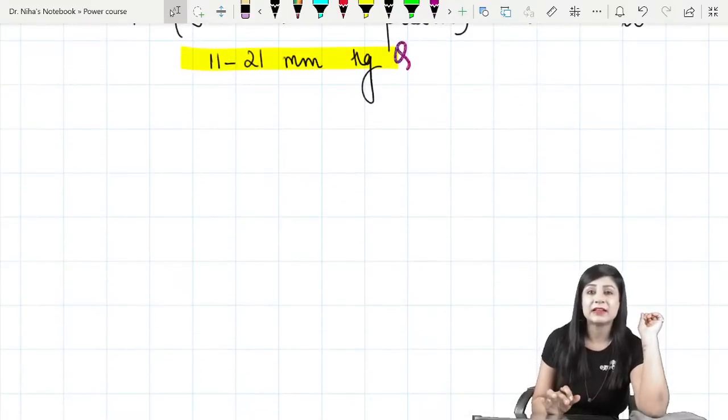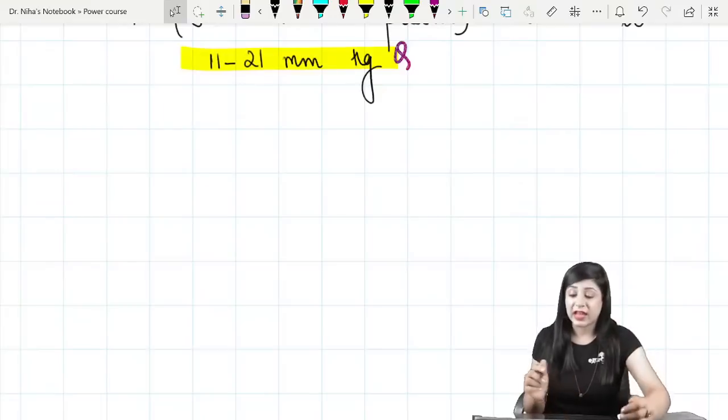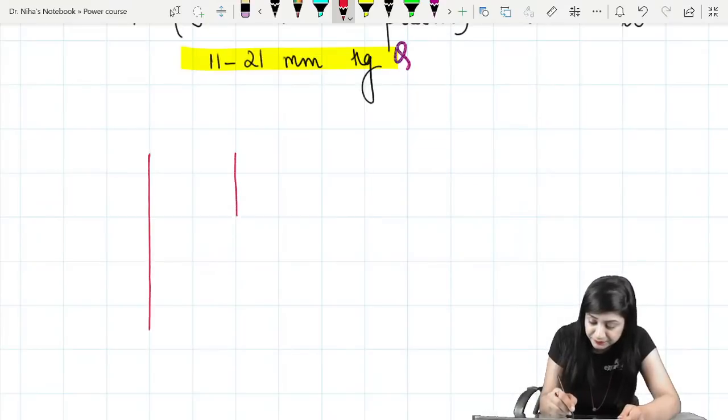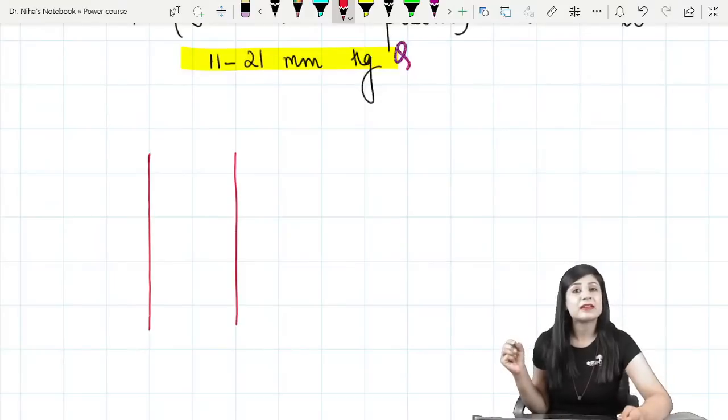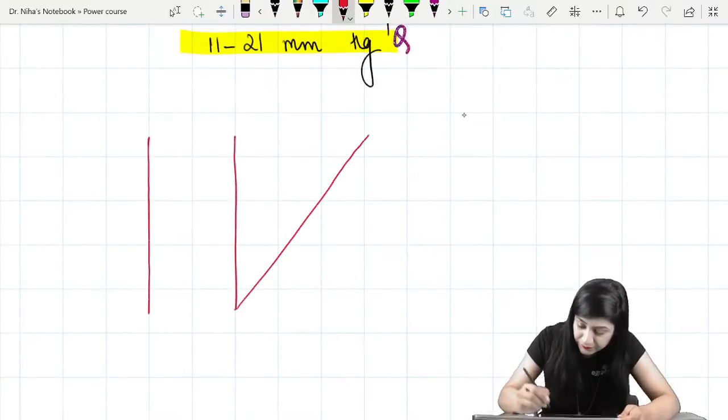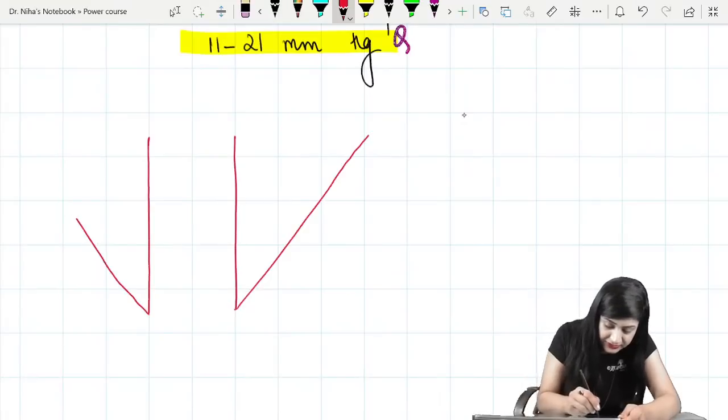Are you getting this? Now the diagram that I was showing you had the two orbits like this. So draw the two parallel lines and then the two slanting lines. See this.